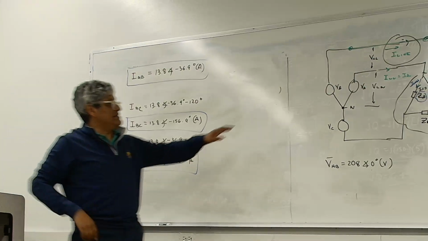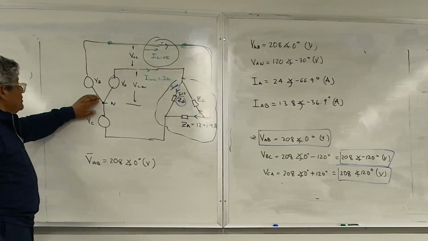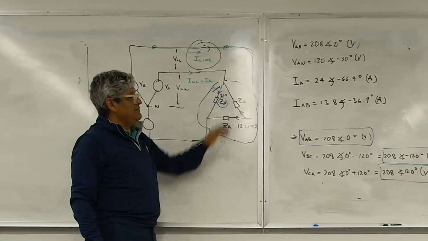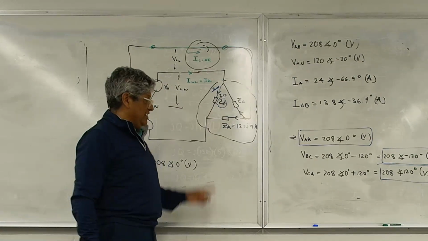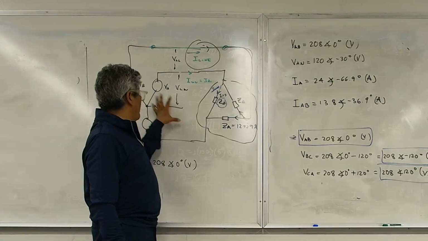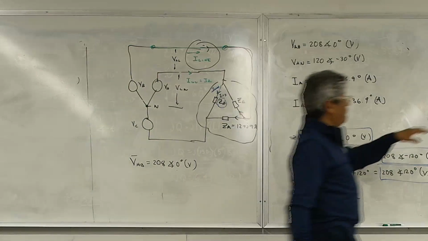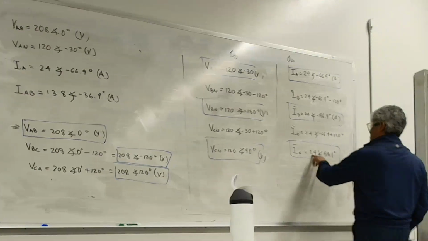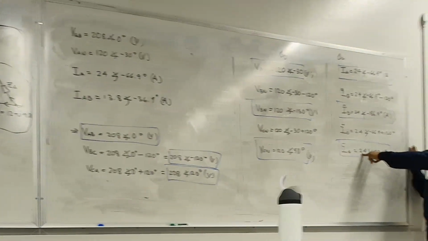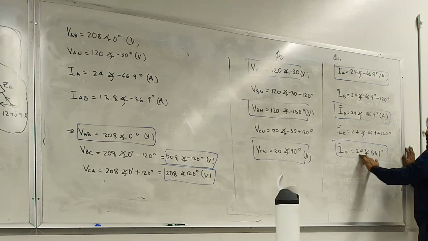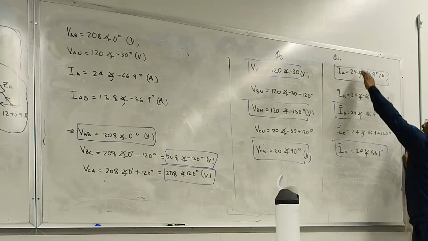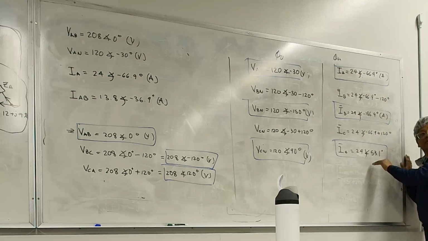Okay? In this configuration, if it's not in the configuration with the Y, where it's a Y and a Y here, the current flows through the neutral. If one of these magnitudes was a little larger, let's say this is 28, leave everything the same, just change this to 28, when you add this, you don't get zero.